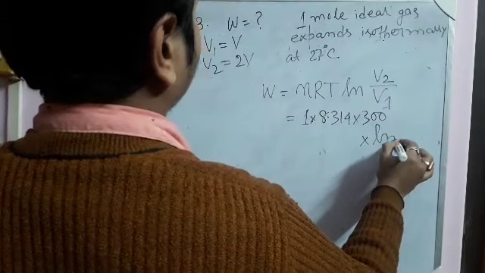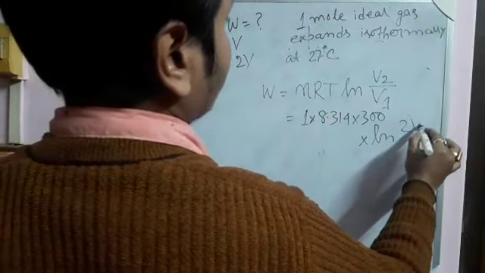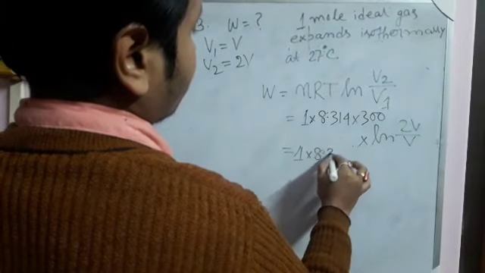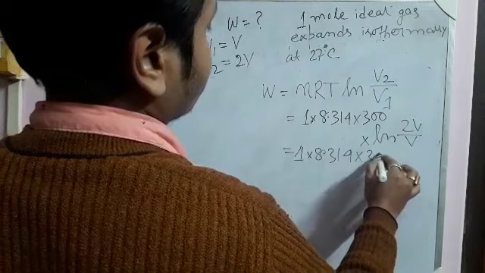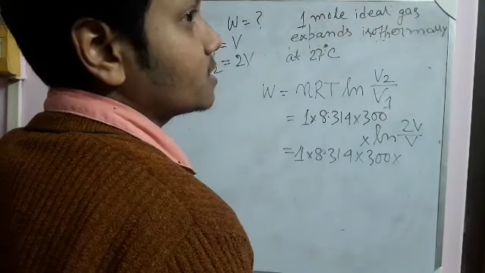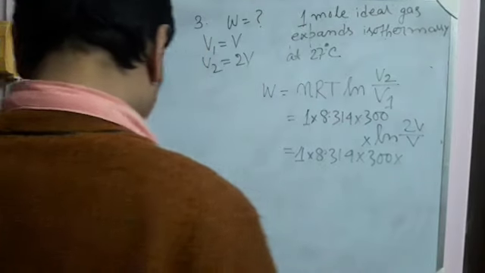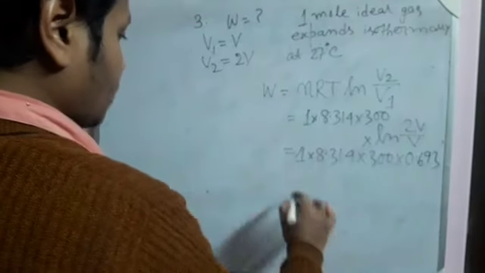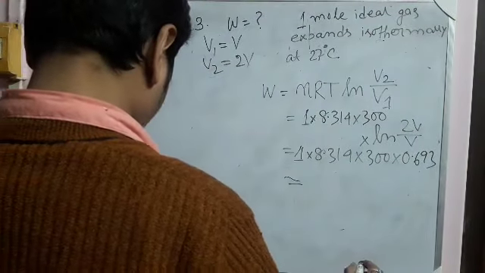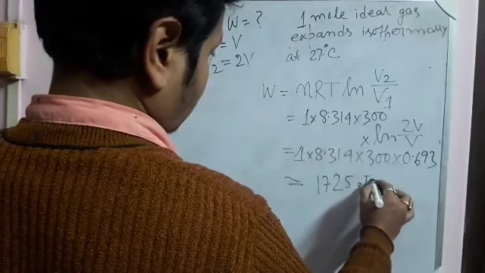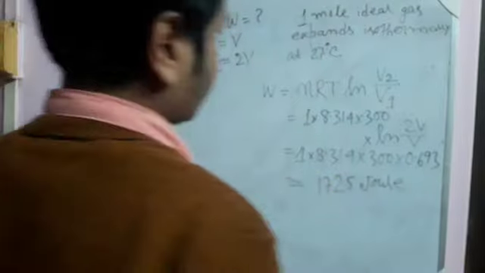And this is ln V2 by V1, 2V by V. So this is 1 multiplied by 8.314 multiplied by 300, and we all know the value of ln 2, that is 0.693. If you do it in the calculator, the result will be this many joule. So this is the answer.